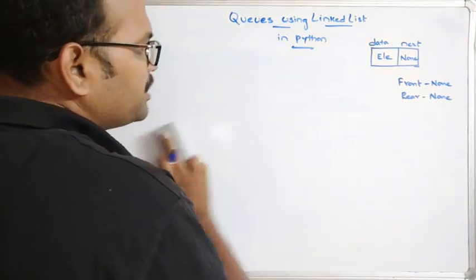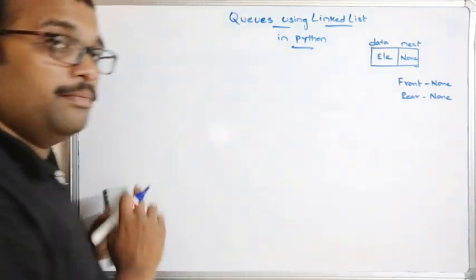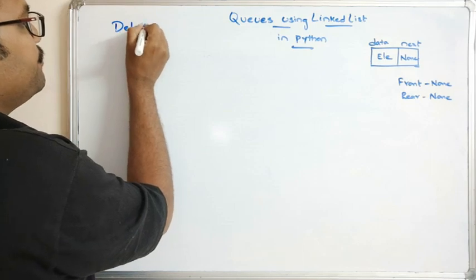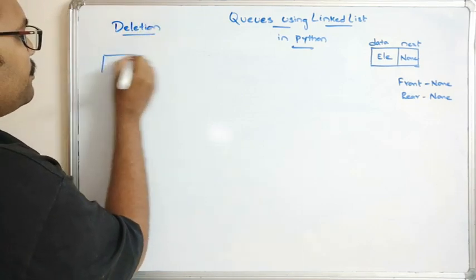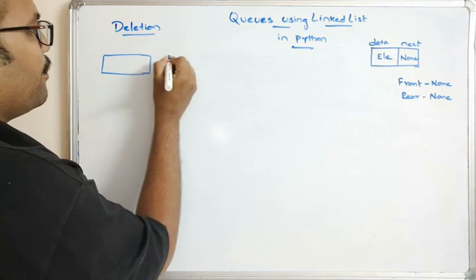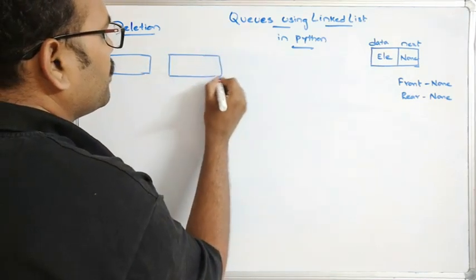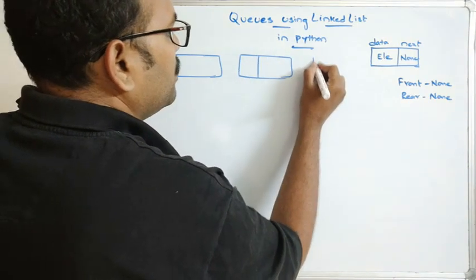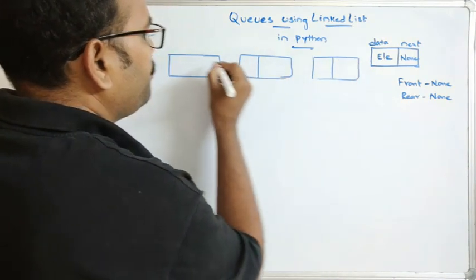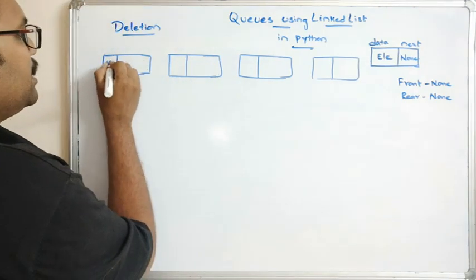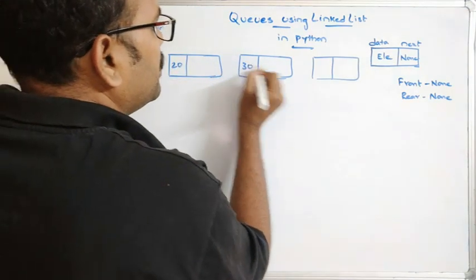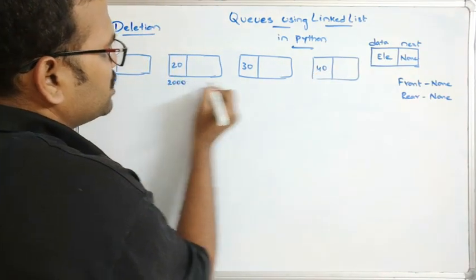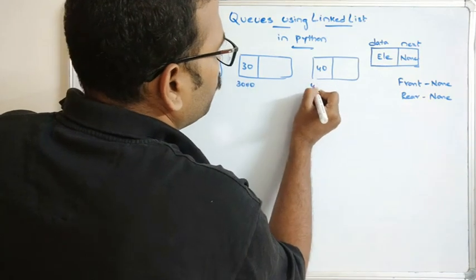So here the deletion operation will be performed from the front end. So let us write deletion. Or we will take 4 elements. See 10, 20, 30, 40 and the addresses are 1000, 2000, 3000, 4000.